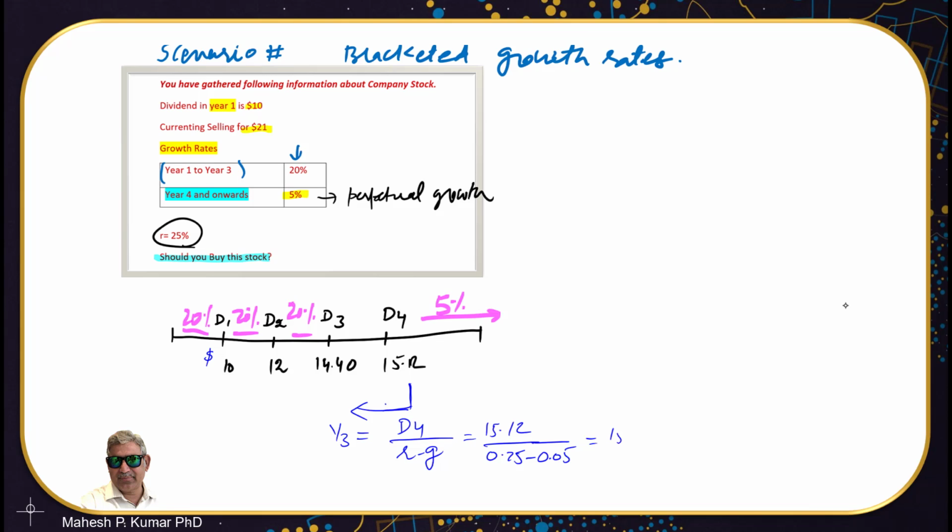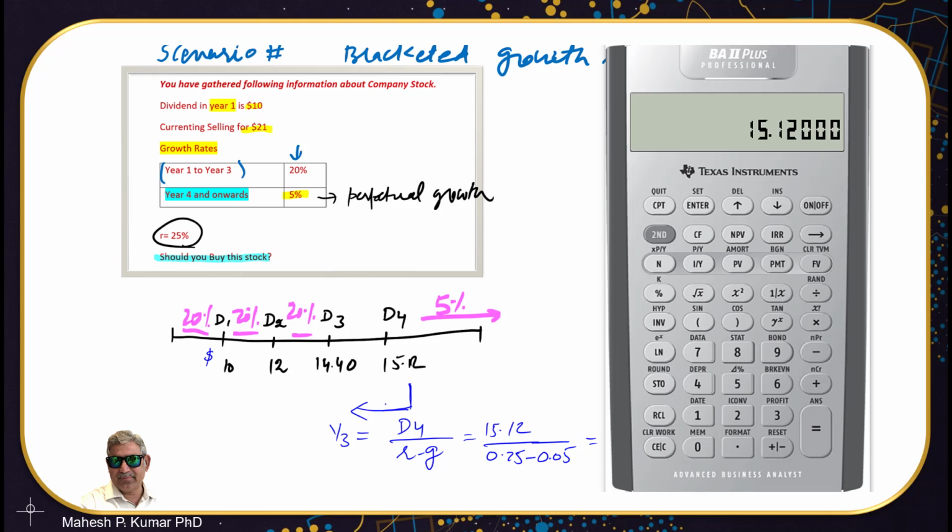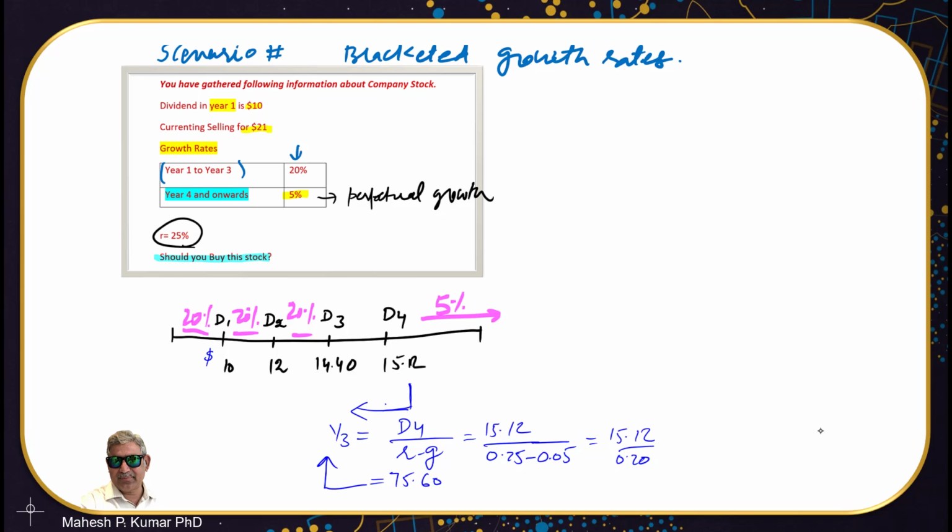So it will be 15.12 divided by 0.20, and this is equal to $75.60. This is the value of the stock in year 3.